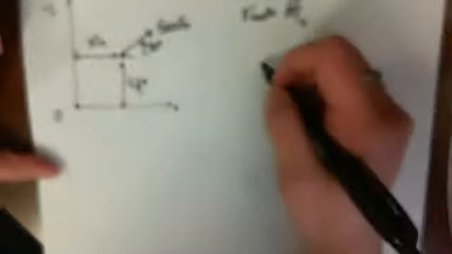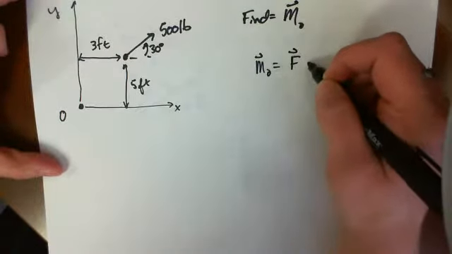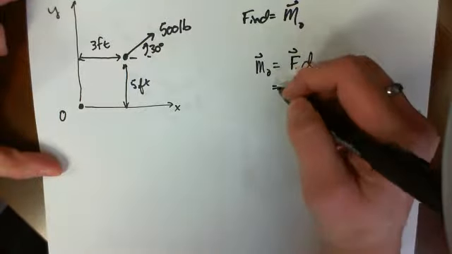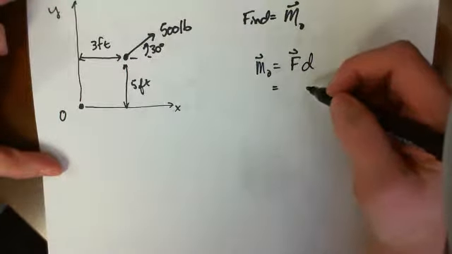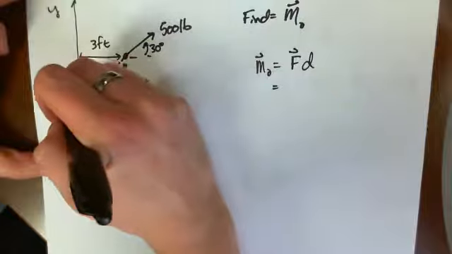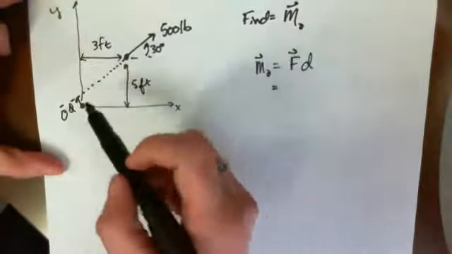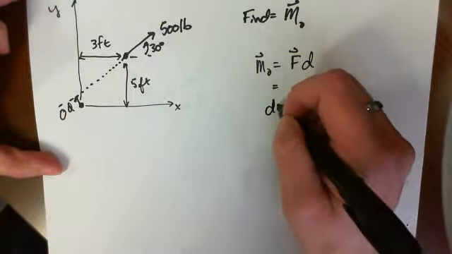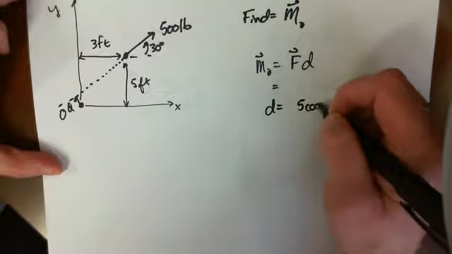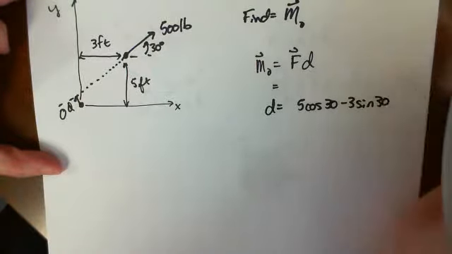So taking your typical moment, which is equal to the force times the perpendicular distance, I extend this, and I can get the perpendicular distance here. But then we have some pretty complex geometry that we have to figure out to get d. I get that d is equal to 5 cosine 30 minus 3 sine 30.